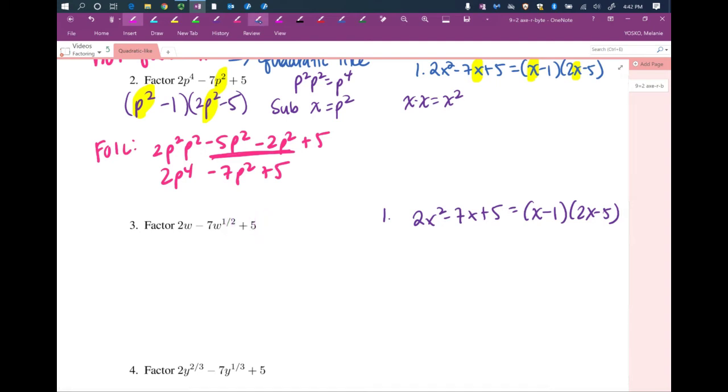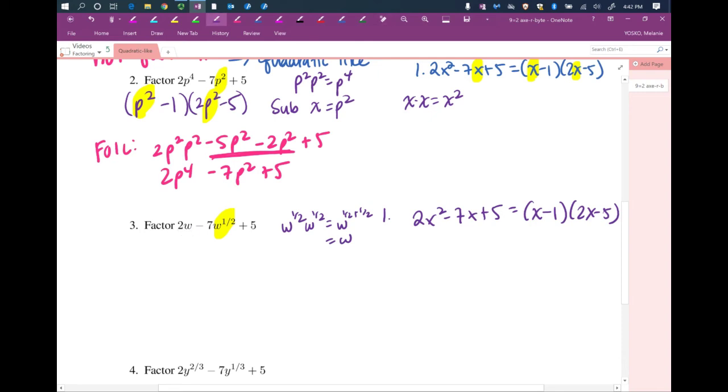So what you're going to do is look at the variable of the middle term. If I look at the variable of the middle term, w to the 1/2, and I multiply it by itself, w to the 1/2 times w to the 1/2, that's 1/2 plus 1/2. Isn't that w? And isn't that what I get when I look at the first term? The variable of the first term is just w.